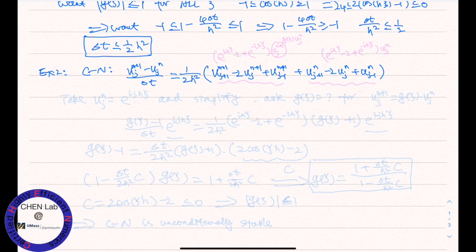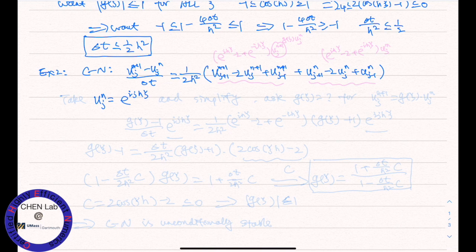So again, you take u_j^n to be e^{ijhξ}. Again, review what we just talked about, why it is this funny thing. If you don't understand, it looks very funny and confusing, right?